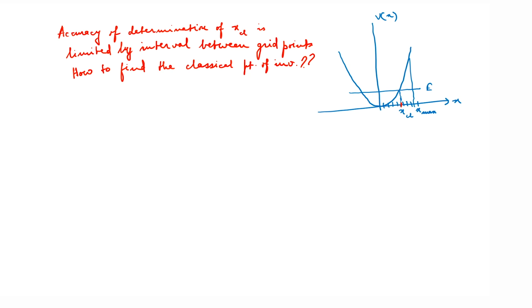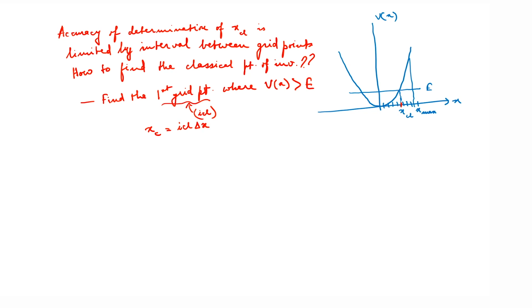To do that, we find the first grid point where V(x) is greater than E. We call this grid point ICL, the index. Once we find that grid point, the x value will be given by ICL times delta x.